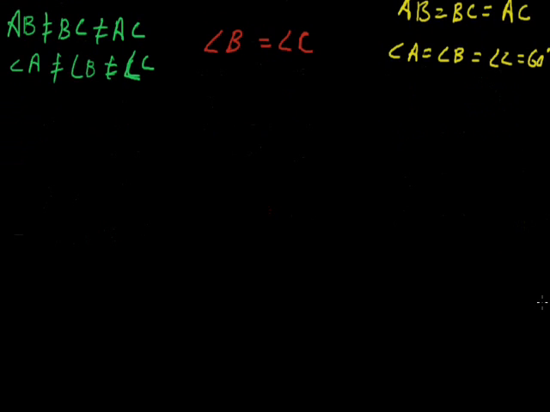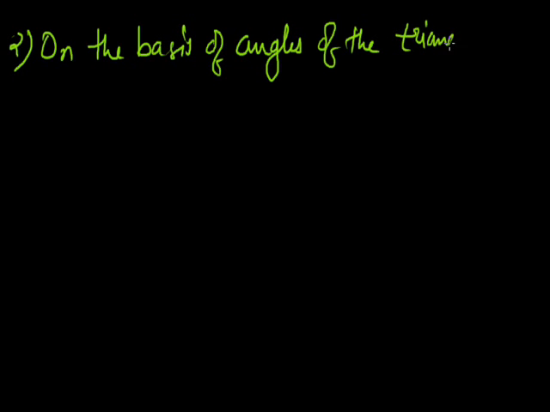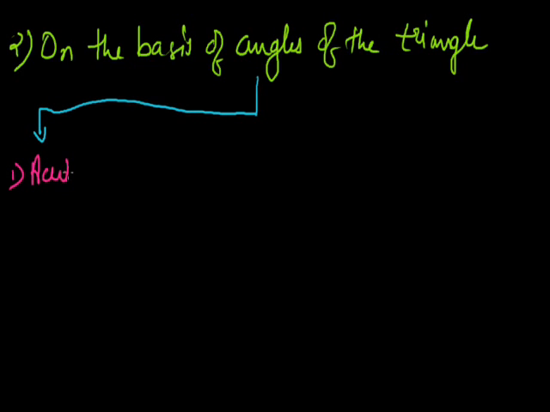Now according to the angles of the triangle, there is another classification. In this, the first type of triangle is the acute triangle. If all the three angles of a triangle are less than 90 degrees, then this type of triangle is known as an acute angle triangle.